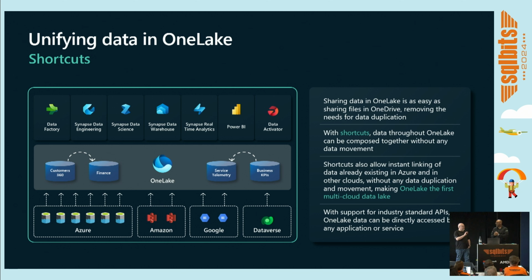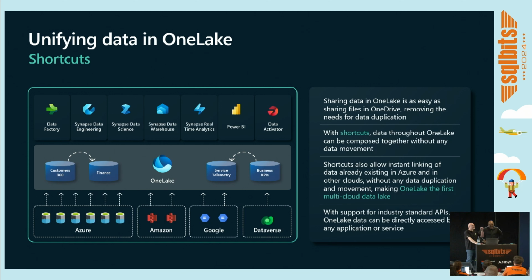The idea of shortcuts, how many people understand what a shortcut is? You should tell them what it is. The way I like to think about it, it's a reference. If you're familiar with Windows, you can have a shortcut to a file. I put that on my desktop and it points to a file on my hard drive. Your desktop's on your hard drive too, so that's a bad analogy.